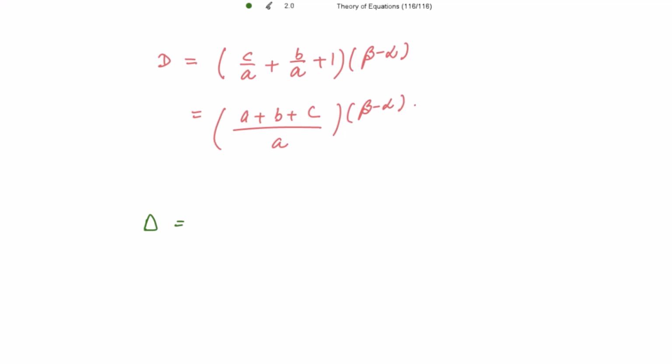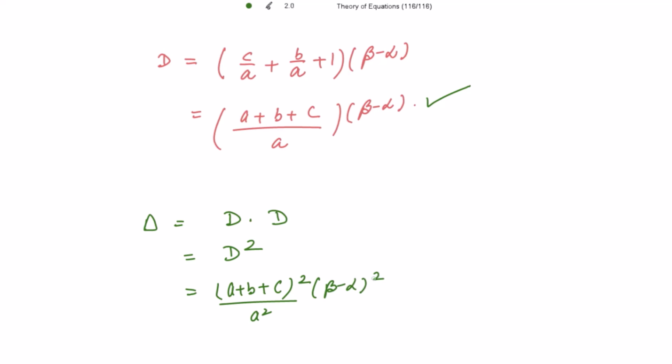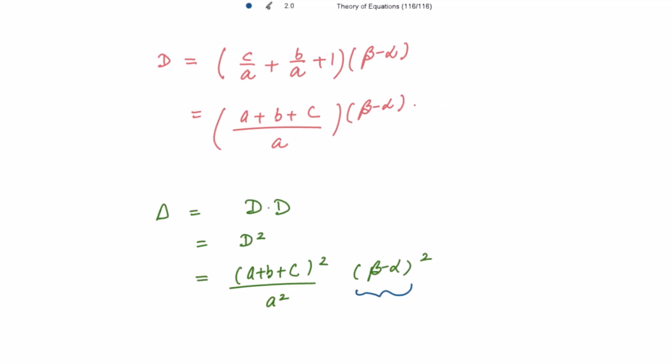Now our delta is D into D, that is equal to D square. So this is your D. So writing here the square of this: a plus b plus c whole square divided by a square, into beta minus alpha whole square. Now we know that beta minus alpha whole square is beta plus alpha whole square minus 4 times alpha beta.